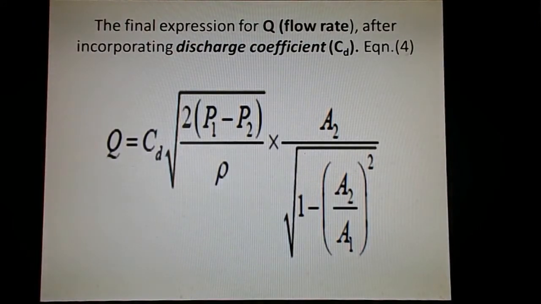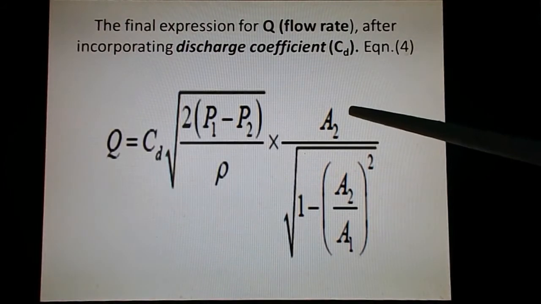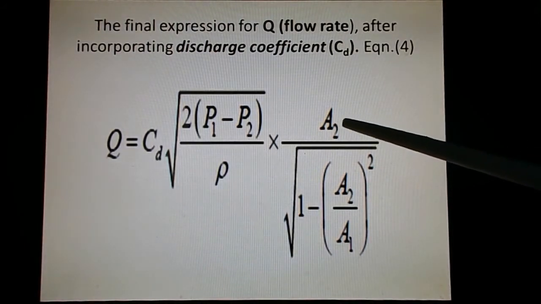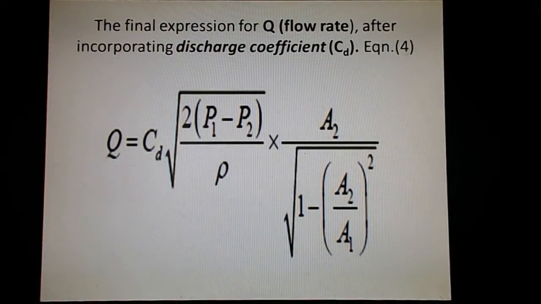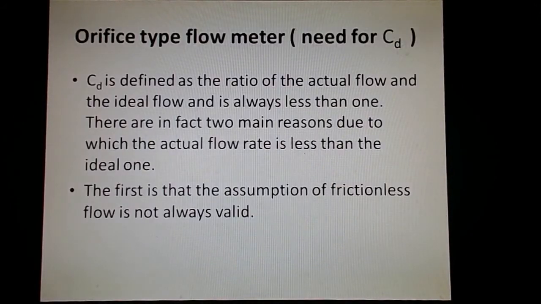This C subscript D is less than 1 and it represents the vena contracta area less than A2, and of course it represents the viscosity present in the real fluid. This point we have already explained. The coefficient of discharge is always less than 1.